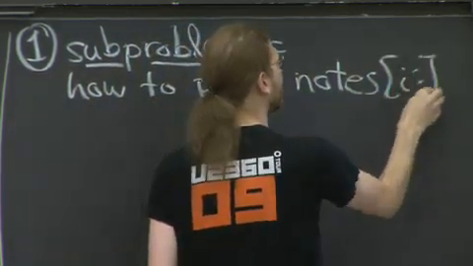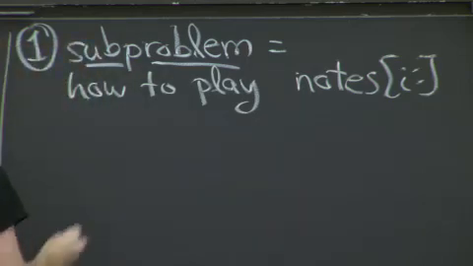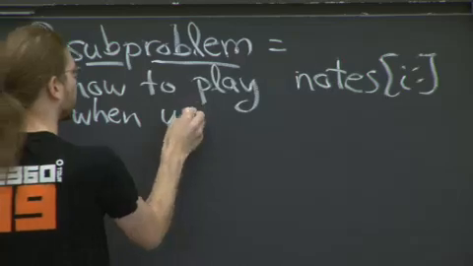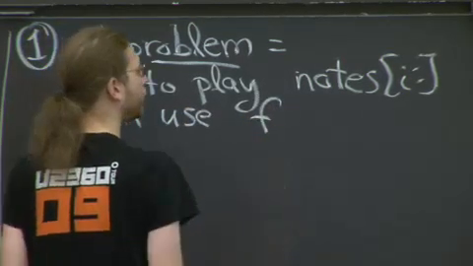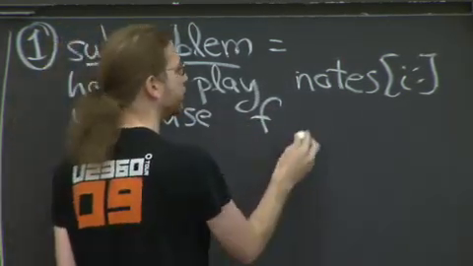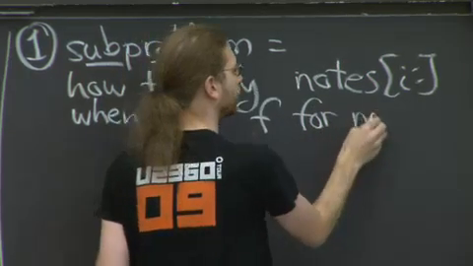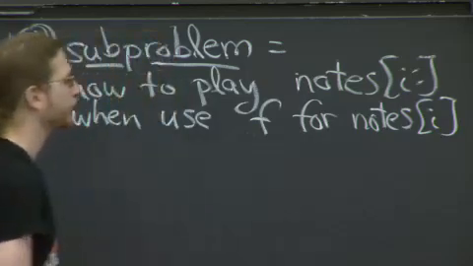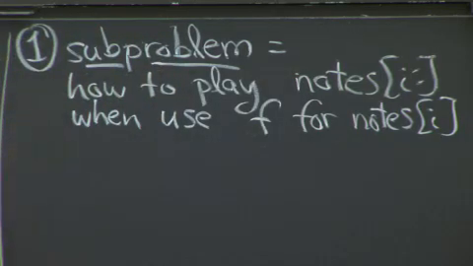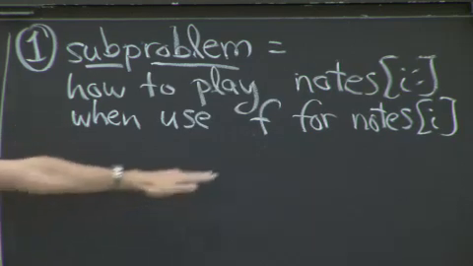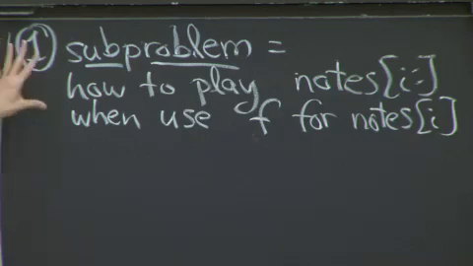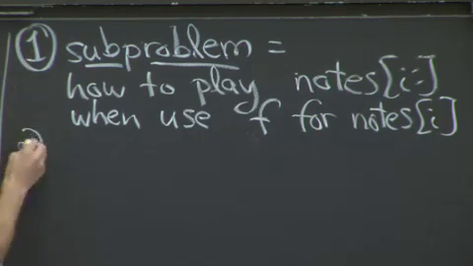We're still going to use that. But we're going to suppose we already know what finger to use for the first note, note i. OK, this is a little weird, because we were guessing that before. Now we're just supposing someone tells us, use finger f for that note. This will work. That's the one I had in mind.